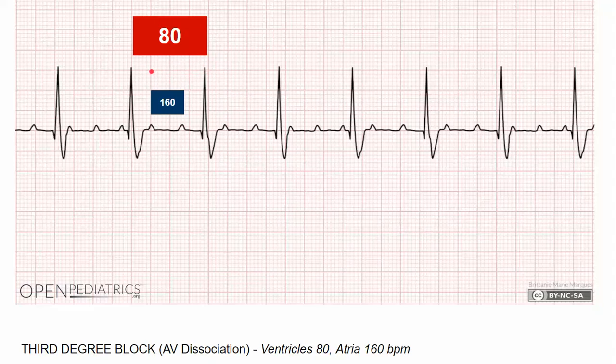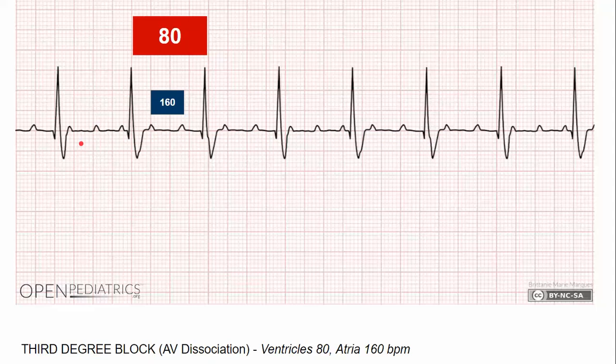Well, it's either a rhythm being conducted by the atria, or maybe it's a junctional rhythm, maybe an accelerated junctional rhythm, because the atria are maybe depolarizing at a faster rate.